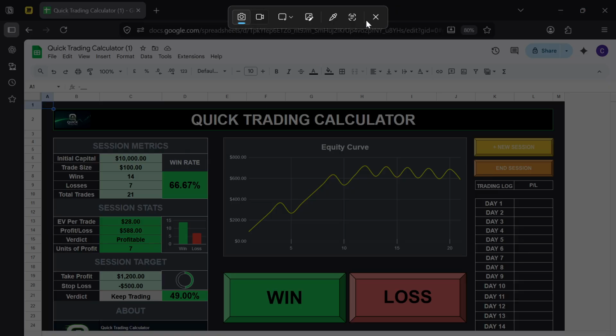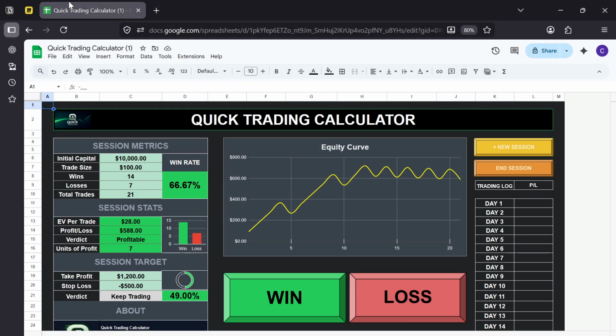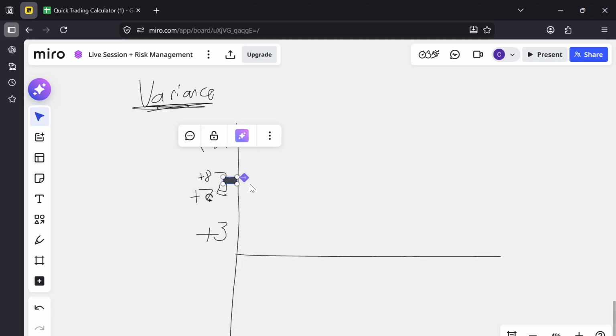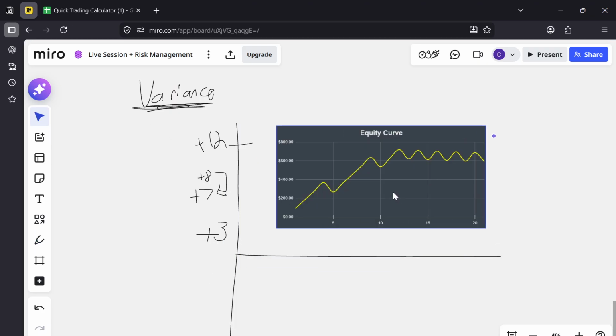Remember, we had like an 85% win rate. We now have a 66% win rate. Remember, when we were first trading, look at how the chart was moving, right? You can see that the equity curve was very clean. It was moving in great streaks.